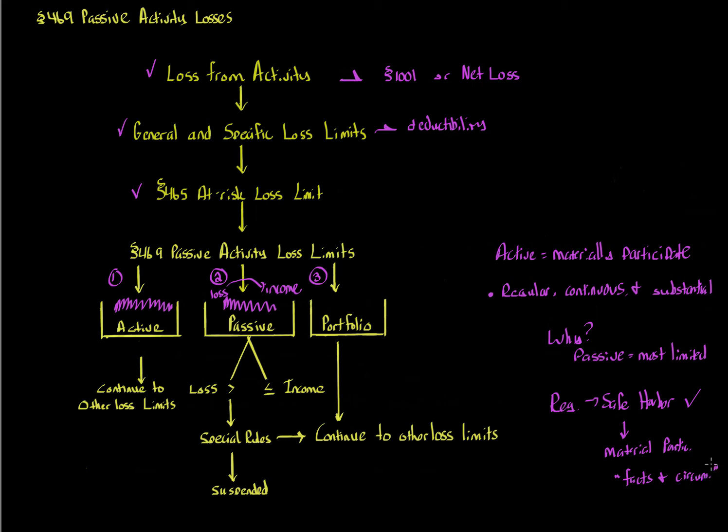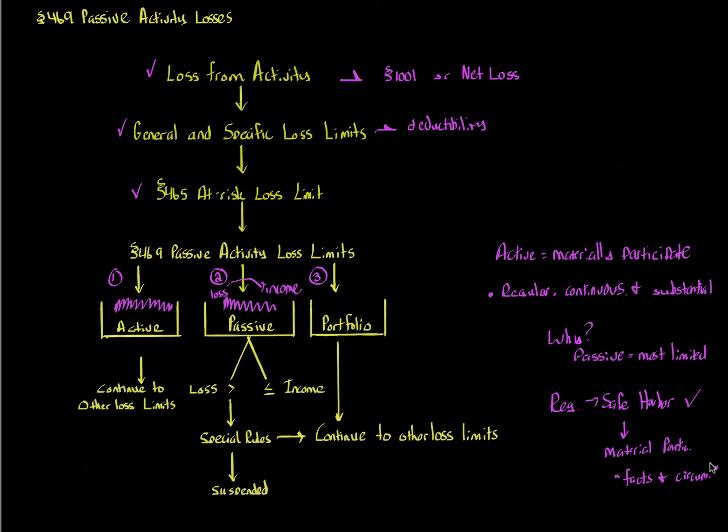I materially participate in my activity for these reasons. Because the idea is that Treasury can't think of all the different situations, and these are very bright line rules. So I just want to mention a few of them. Again, there are 7 mentioned in the regulations. The first one is participation in the activity for more than 500 hours in the taxable year.